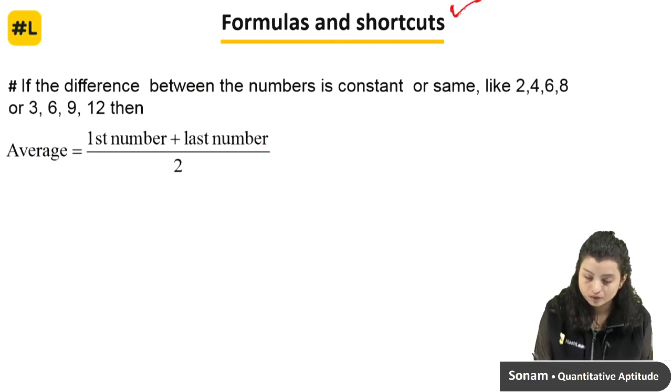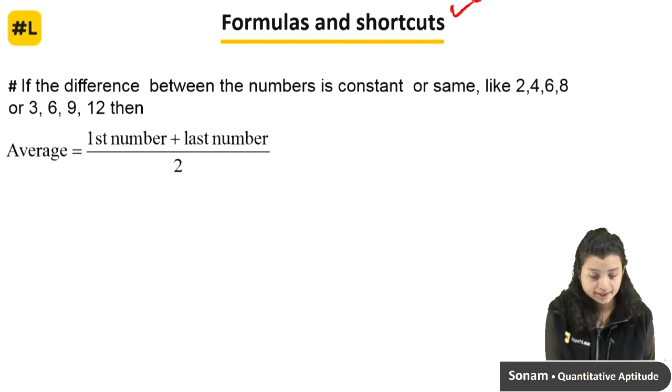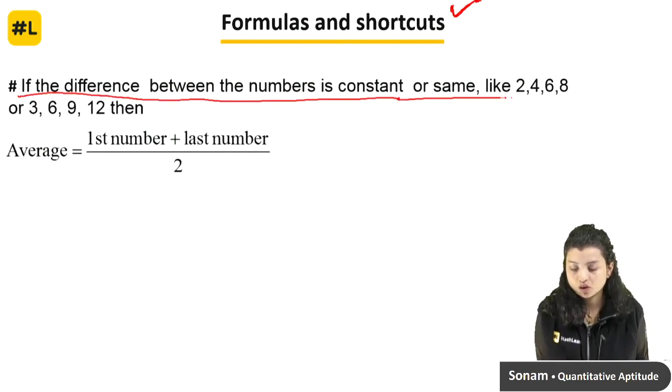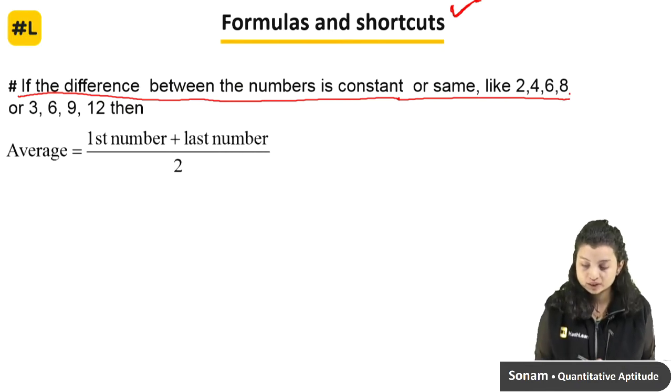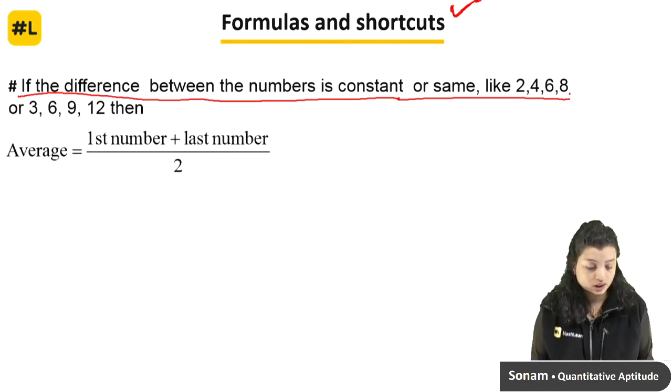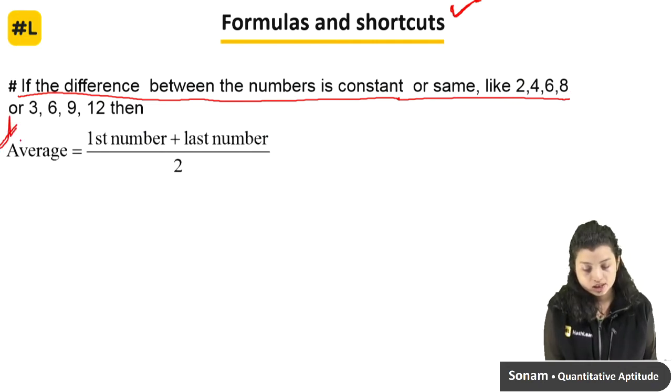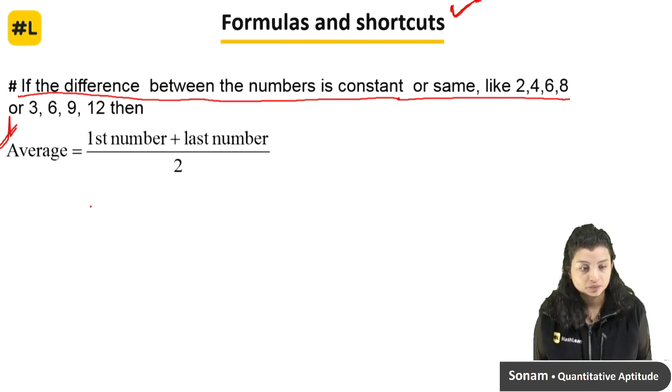Okay, so what does this statement say? If the difference between the numbers is constant or same, like 2, 4, 6, 8 or 3, 6, 9, 12, then average can be calculated as first number plus last number divided by 2, right?